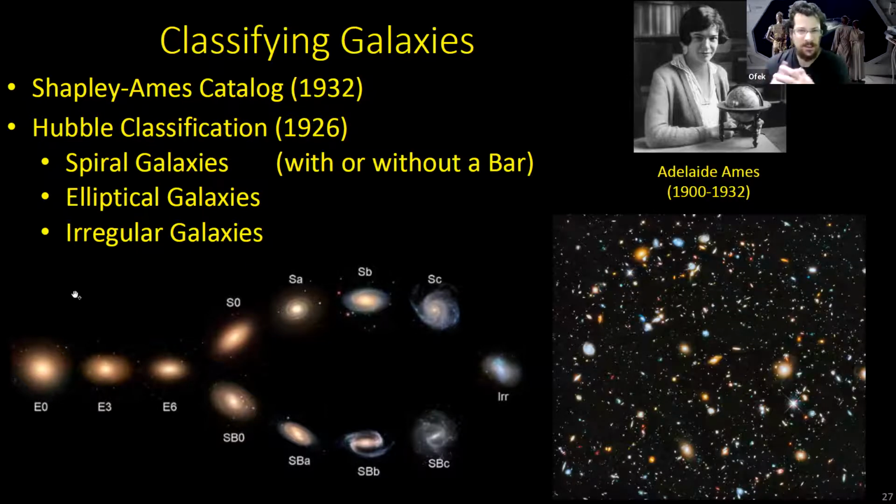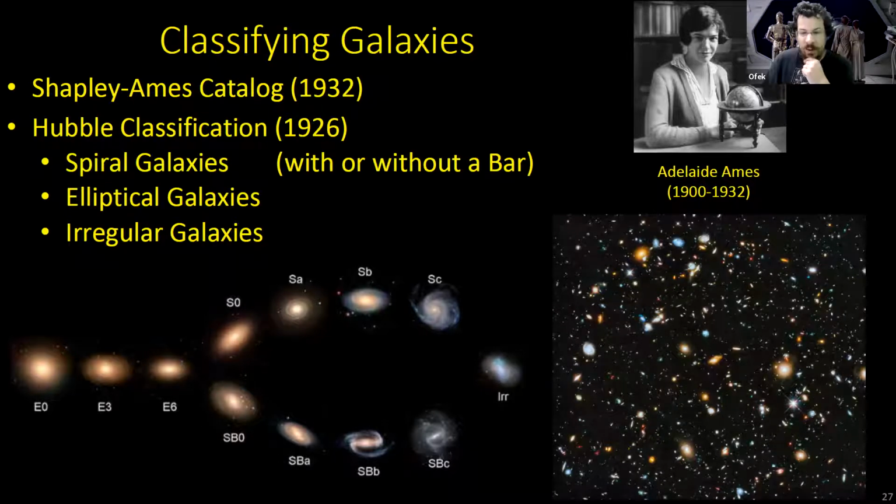It looks like this type of tuning fork form because they thought at the time it was some sort of evolutionary process. But basically it goes from the ellipticals, from 0 to 9, growing in ellipticity, from basically spherical to more and more elongated and clear shape of an elliptical galaxy.